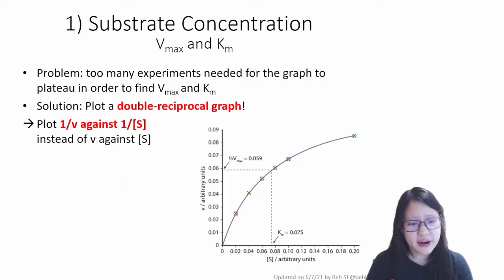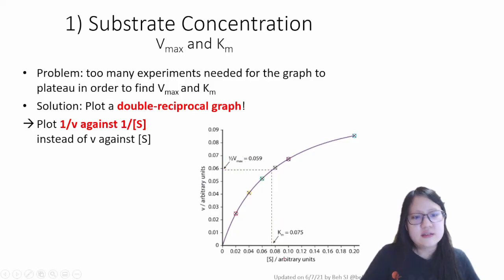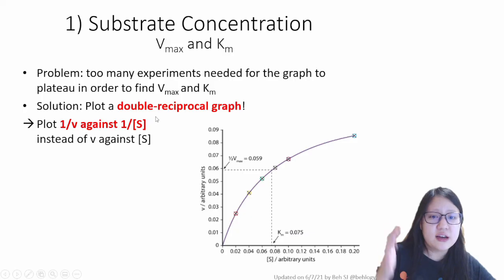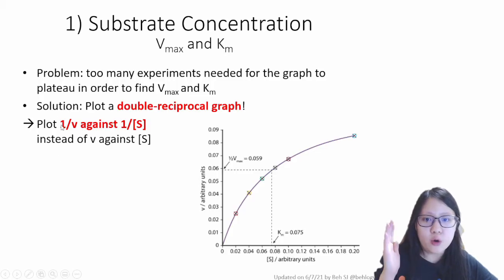How do we derive half Vmax and Km if we don't know Vmax? Obviously this is just a diagram, but how do we do that? Now, there's a solution, a very mathematical one. You can convert a curve to a straight line if you plot a double reciprocal graph. Plot 1 over V against 1 over substrate concentration.